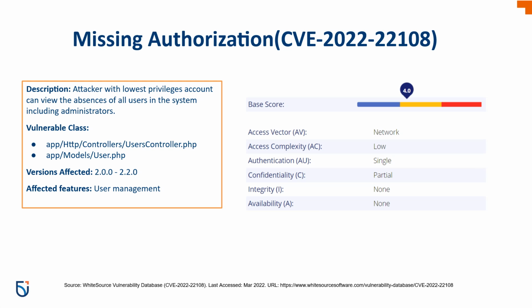The affected feature here is user management. From the impact analysis, we can see that the base score here is 4.0, which is moderately low. The attack is through network, and the access complexity metric here is low, and the confidentiality metric here is partial.